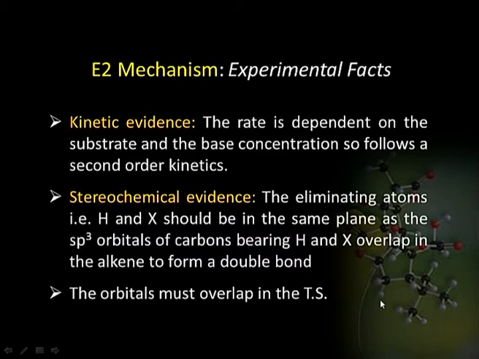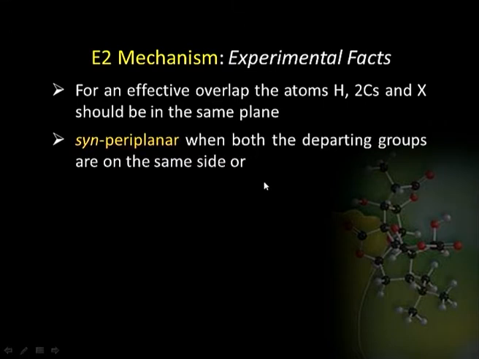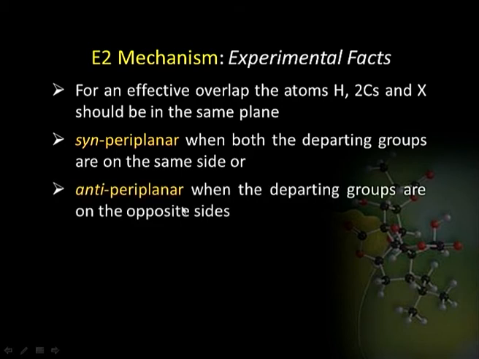The orbitals must overlap in the transition state, hence the geometry is very important. For an effective overlap, the atoms H, the two carbons involved and the halogen atom should be in the same plane. There are two conformations: syn periplanar, when both the departing groups are on the same side, or anti-periplanar when the departing groups are on opposite sides.